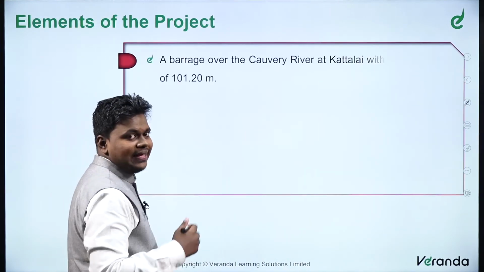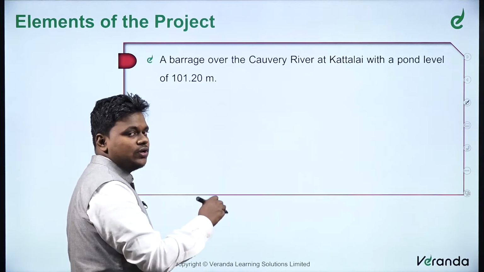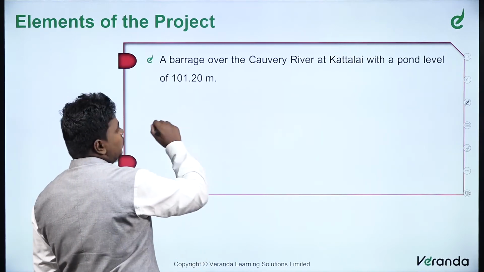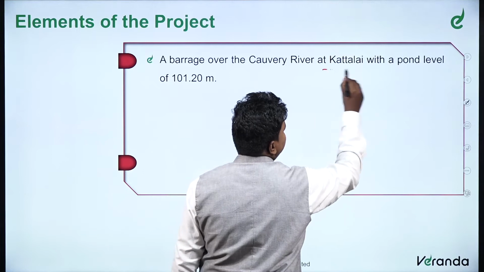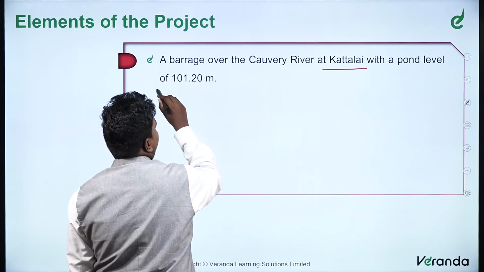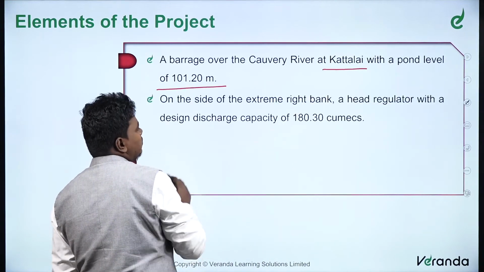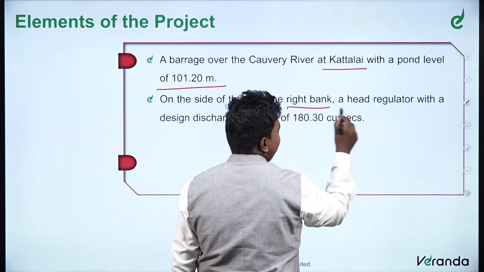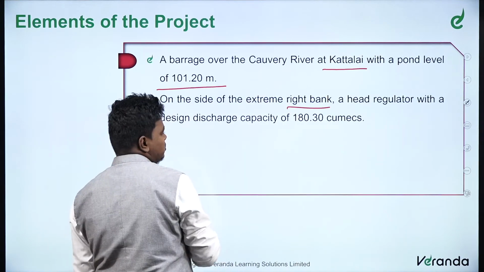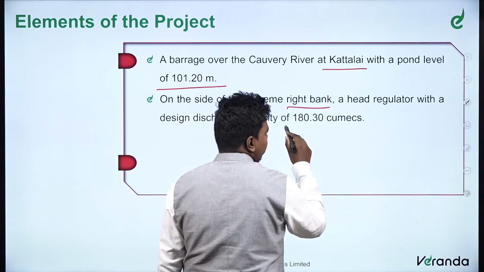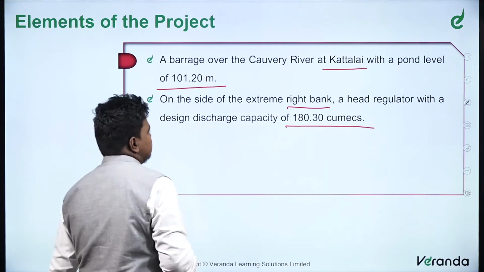Then let us see about the elements of this particular project. A barrage over the Cauvery river at Kattalai with a pond level of 101.20 meter. On the extreme right bank side, a head regulator with a design discharge capacity of 180.30 cumecs.